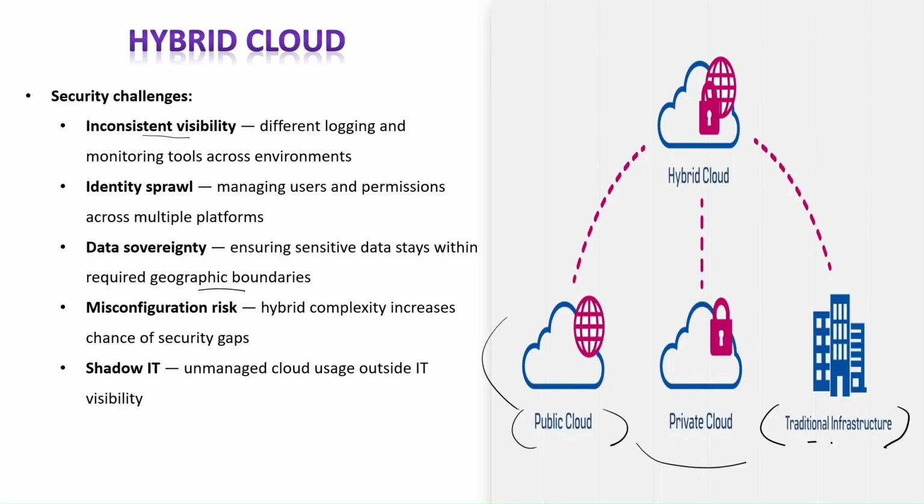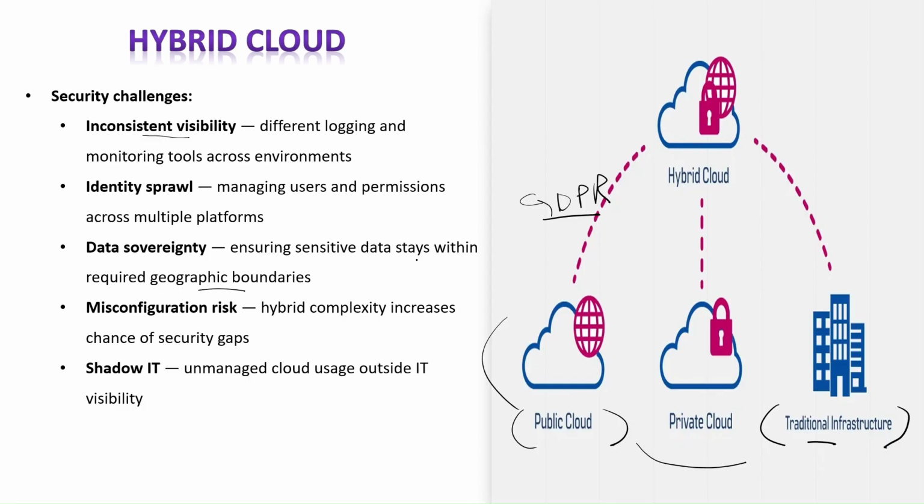So in traditional on-prem infrastructure, we don't have the data sovereignty issue, but in public cloud, this issue is particularly of importance, because your data may reside somewhere else in some other country, while there may be regulation that requires, such as GDPR, which is an EU law that requires that EU citizens' data should reside inside the EU boundaries.